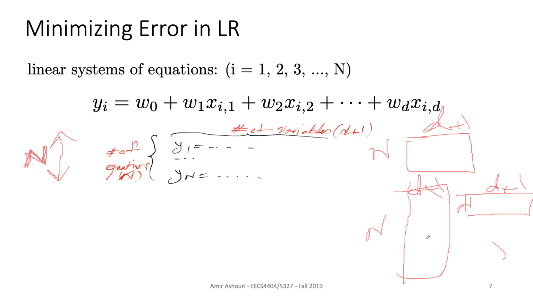So who said fat? Why? Because we do have multiple characterization variables, for example, age, weight, and etc. These are the variables. So we do have a lot of variables, but a limited number of equations.